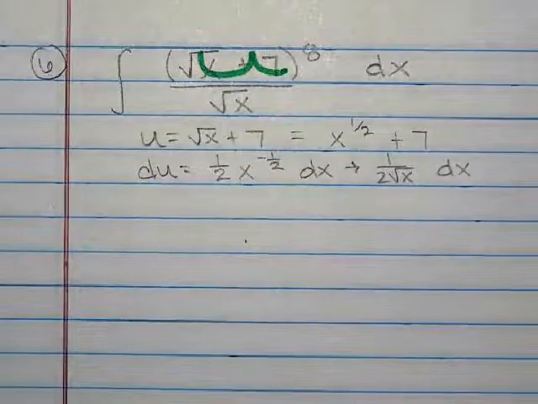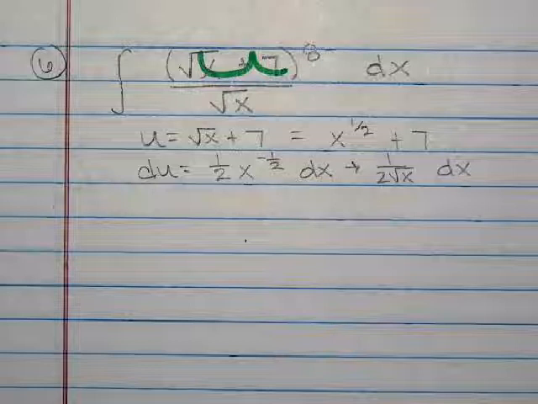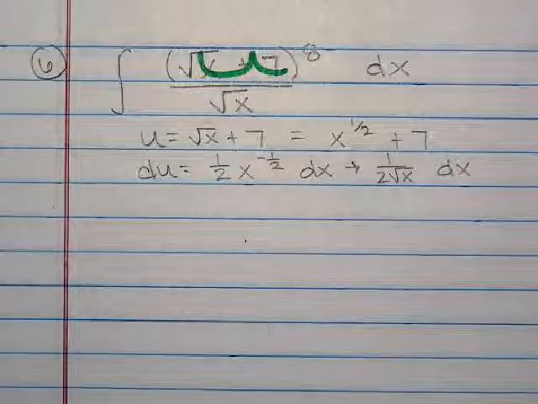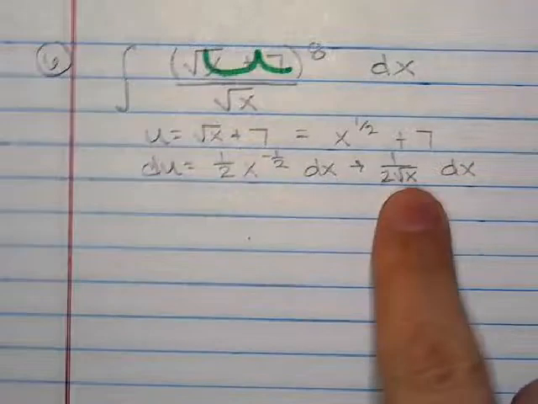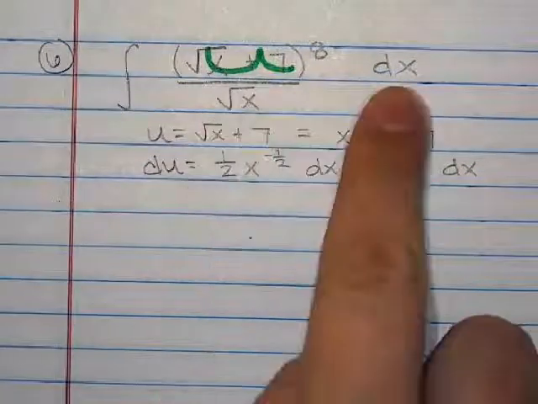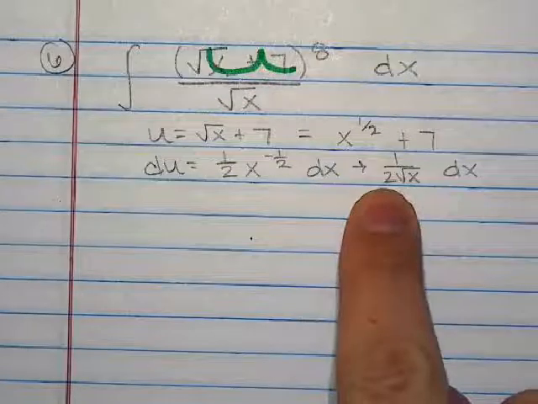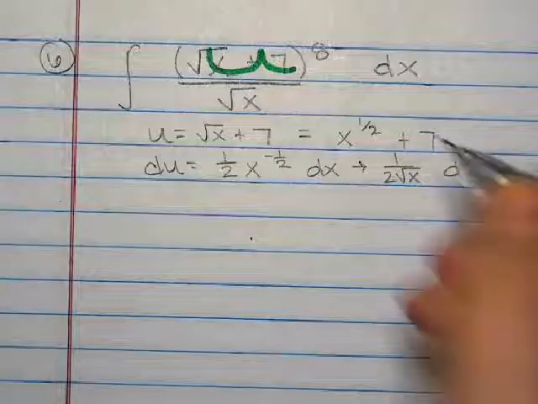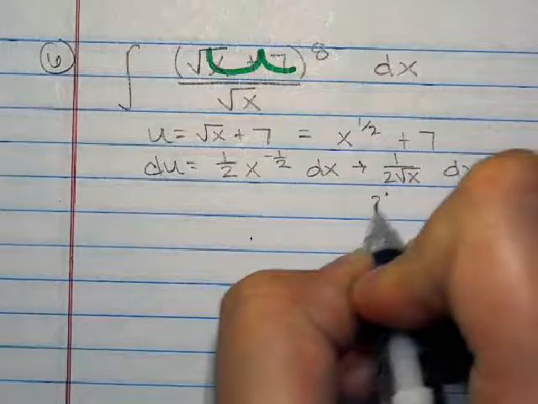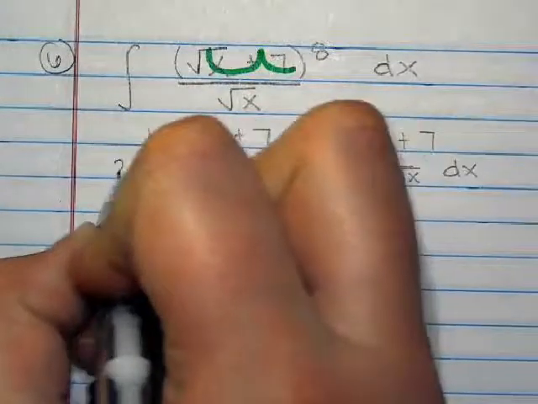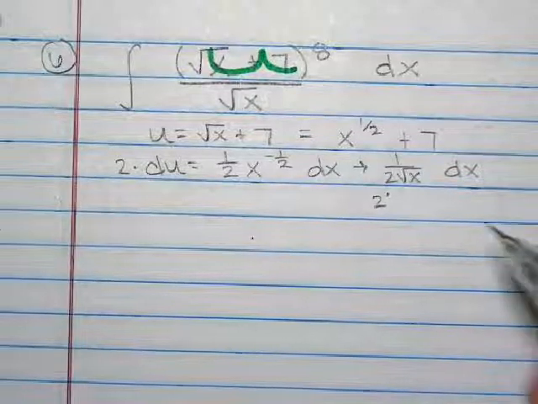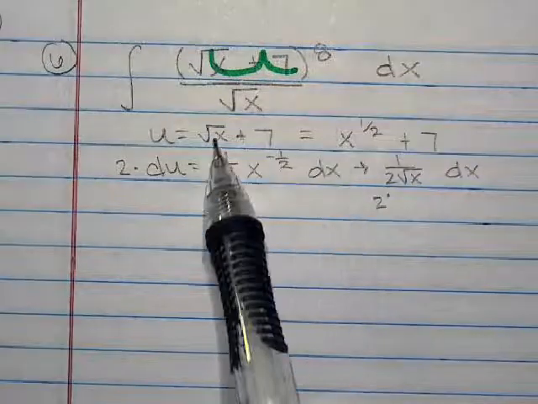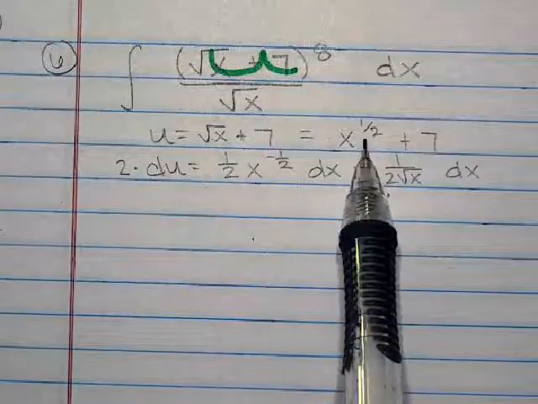All right, so in the problem, we can see the root x on the bottom, and we can see the dx, but we cannot see the 1/2. So what do we need to do? We can multiply by the 2 and then multiply by the 2. We took the root x and rewrote it, and then when we took the derivative, the 1/2 came to the front.